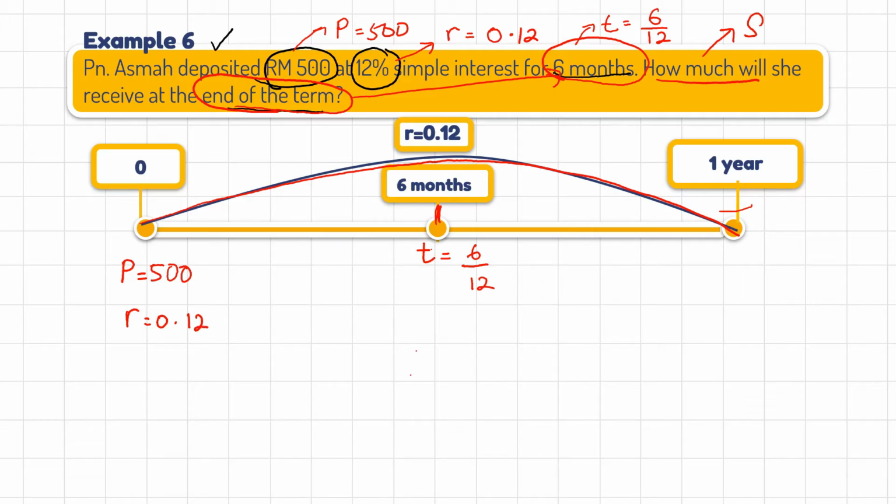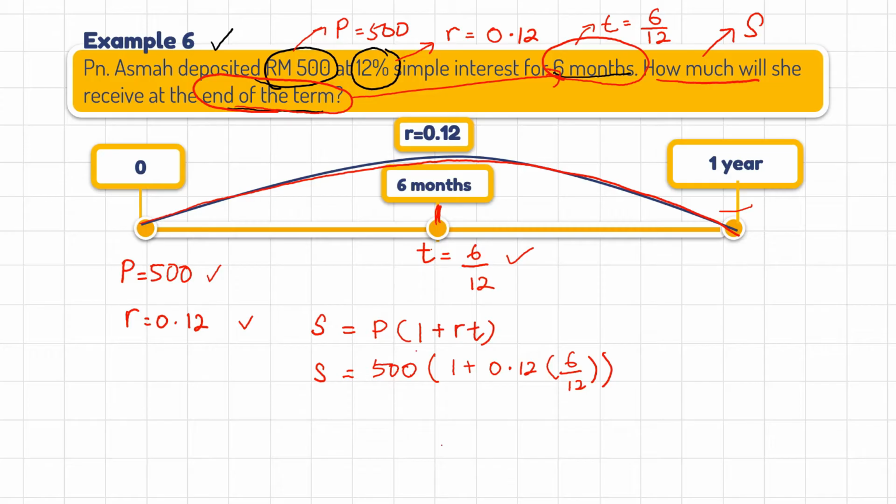Since we are given P, R, T, we are going to use the formula S equals P(1 plus RT). Just put all the information inside the formula. P is 500, 1 plus R is 0.12, T is 6/12.